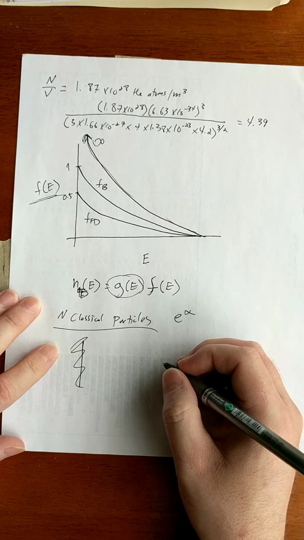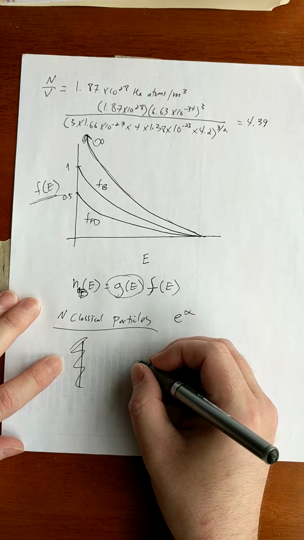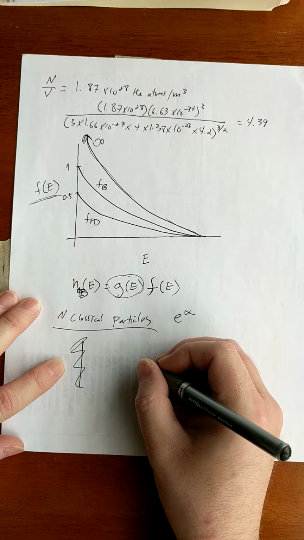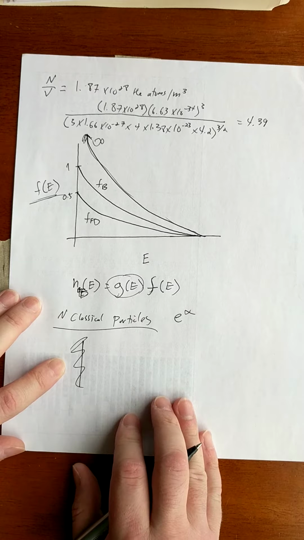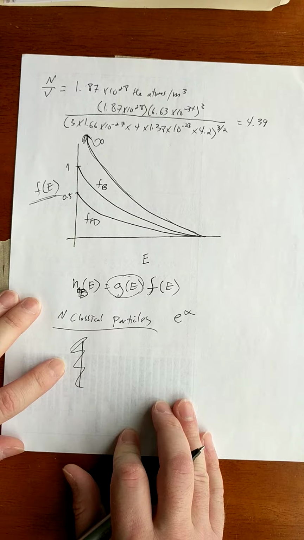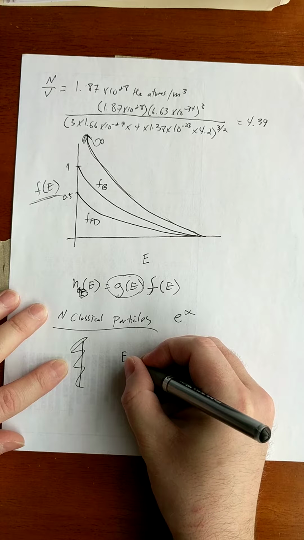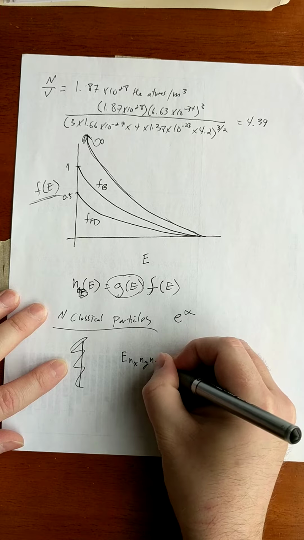No, I'm not going to do it that way. So if we have classical particles, right? So if we treat these particles as sitting in a cube, right? A three-dimensional infinite square well, we looked at before. The energy of n x, n y, and n z.